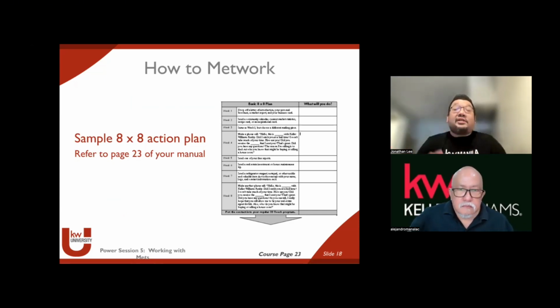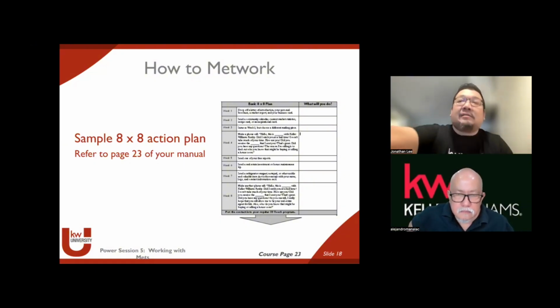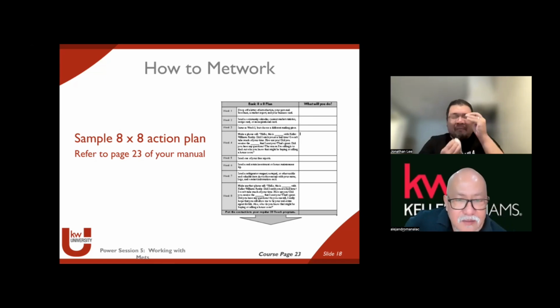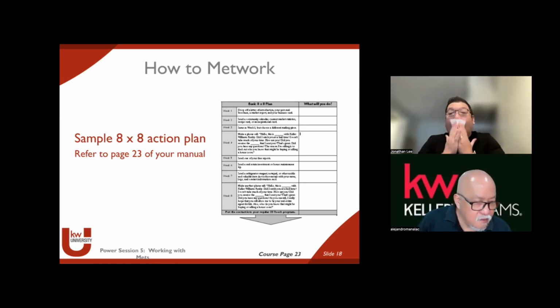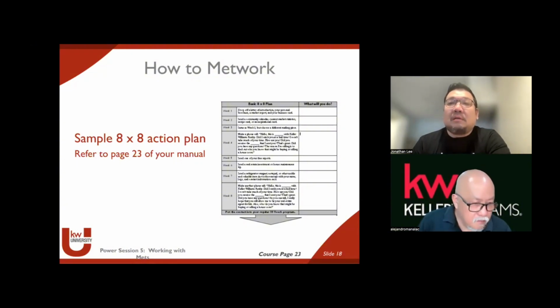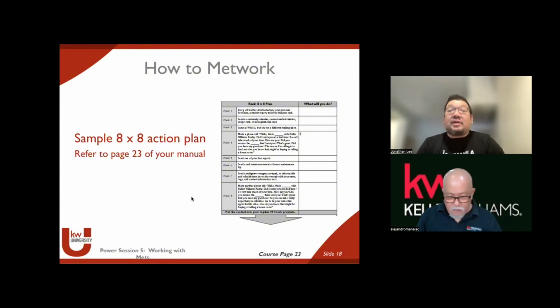I want you to look at this chart right now and tell me in the chat box, what's your aha? Or maybe Andy, you can give some feedback as well. When you look at this chart, what do you see?